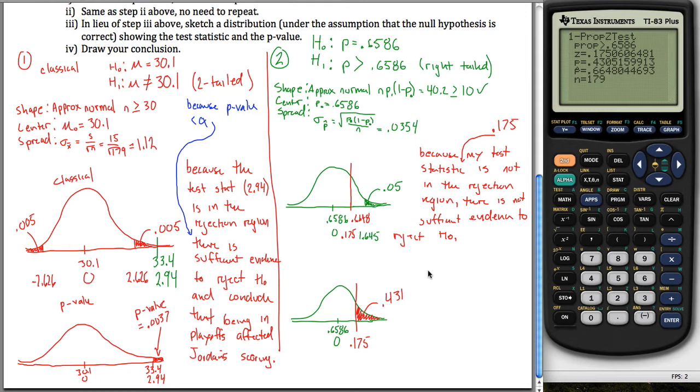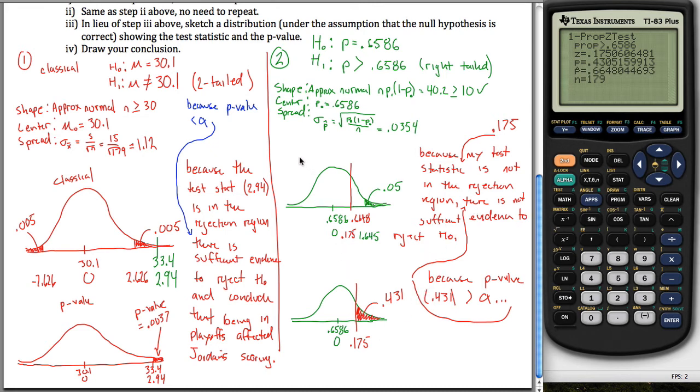So because my p-value, which was 0.431, is greater than alpha, there is not sufficient evidence to reject the null hypothesis.